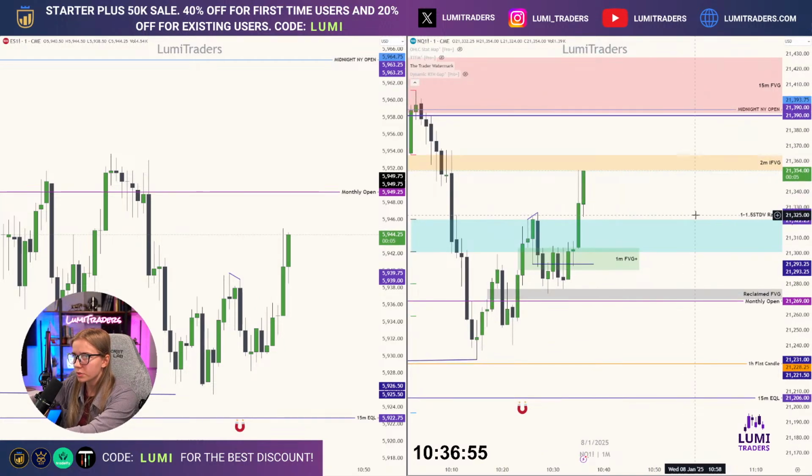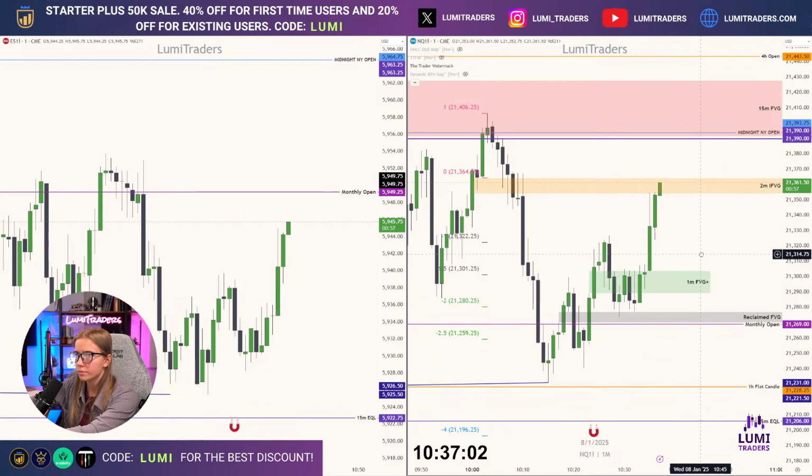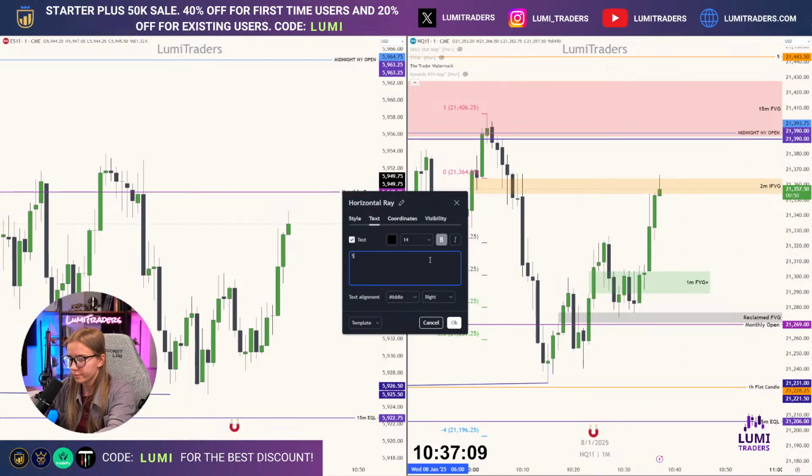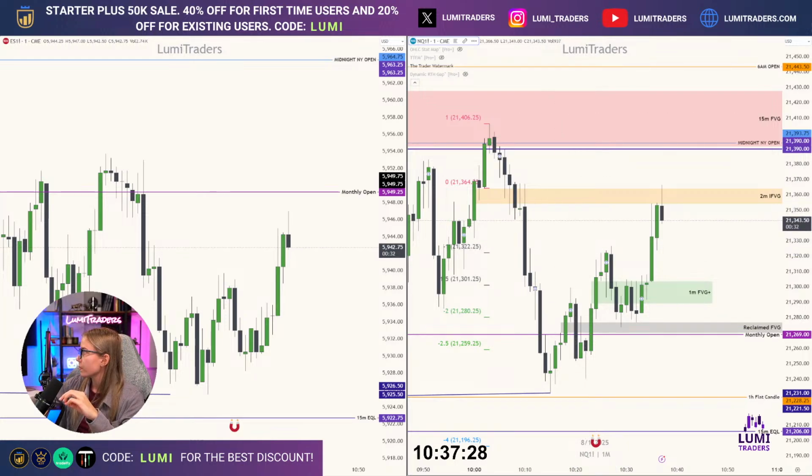We broke above this box right here as well. I'm going to rename this. So far, we got a reversal from the range between 2 and 2.5. We traded back to the 2-minute inversion fair value gap. So the action on SPX from 25% of RTH gap.